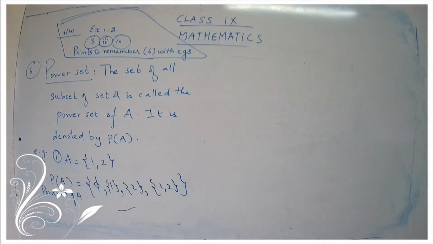You have to be thorough with your definitions, and every day you have to revise whatever classwork has been done, whatever we have done on the first day, the second day, every day you just go through so that you will be clear with the idea.